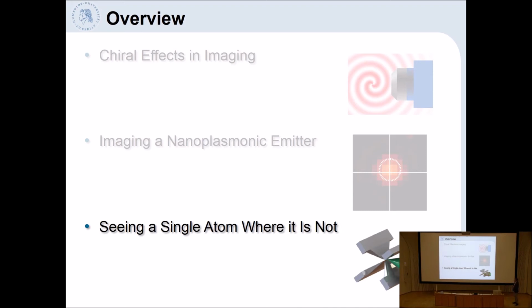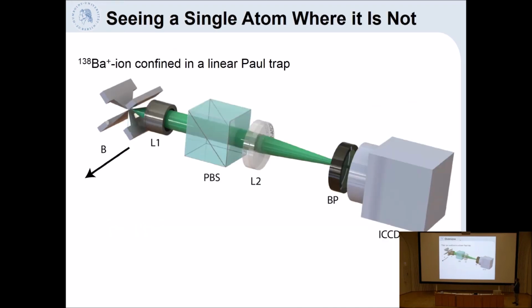And for this, in the group of Rainer Blatt, we used a single barium ion in a linear Paul trap here. And we have an imaging lens near the trap with a numerical aperture of, again, 0.4. And we have some more elements here, which we didn't have in the other experiments.